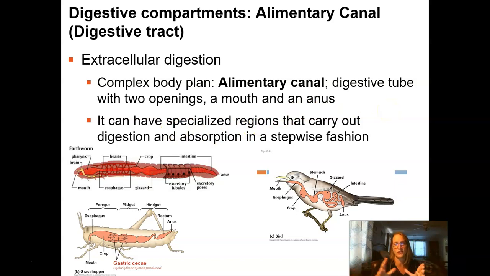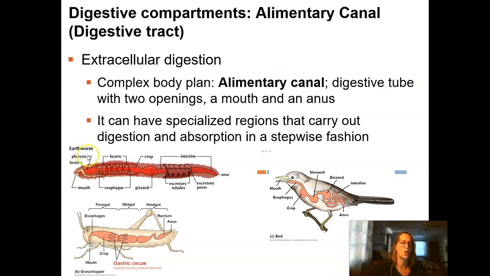Whereas in the gastrovascular cavity, you just have this one place where the food has to go and the waste has to be released. If you have an alimentary canal, that's a one-way tube rather than a two-way cavity, then you can have more specialized digestion that goes along a stepwise path.